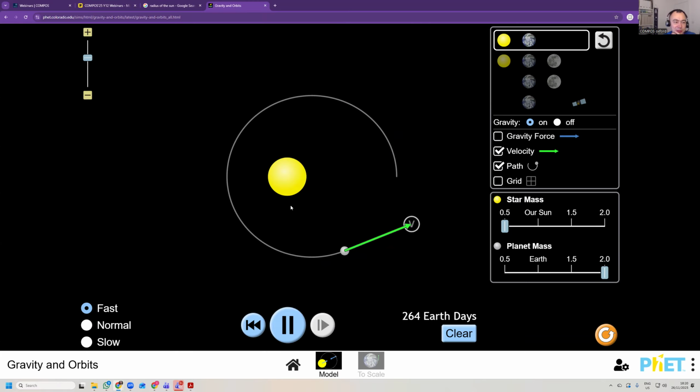So it's difficult to see, but the Sun, the star, is also moving. It's just not very obvious. I thought it was much more dramatic, but it isn't for some reason. Right, but anyway, the star does move.